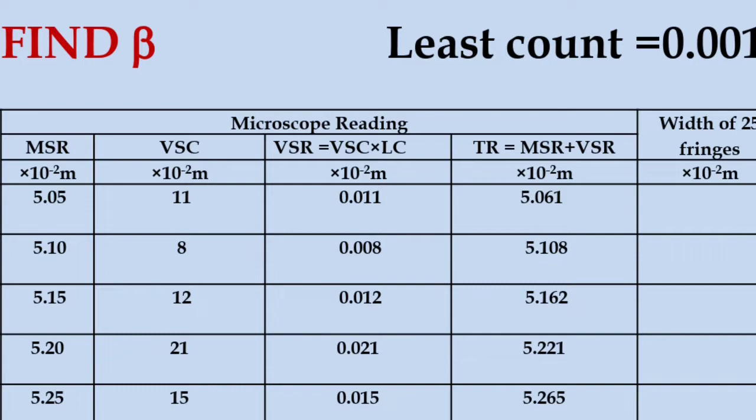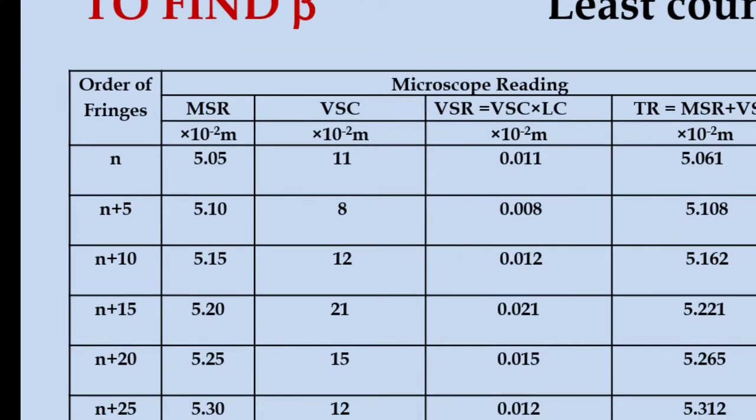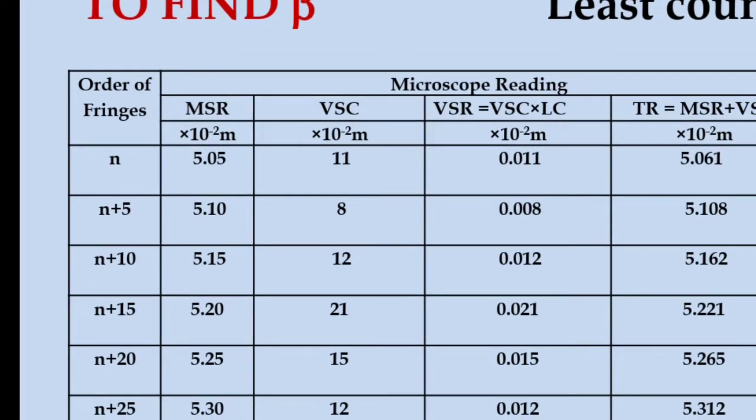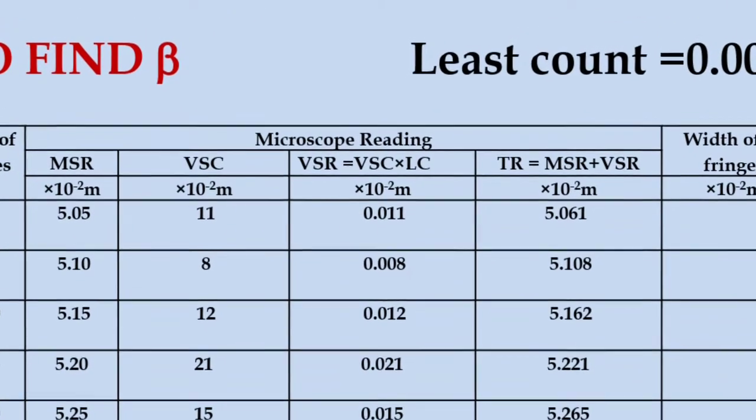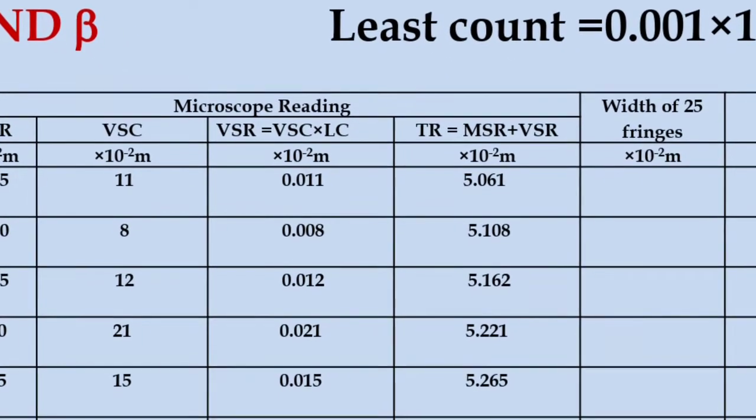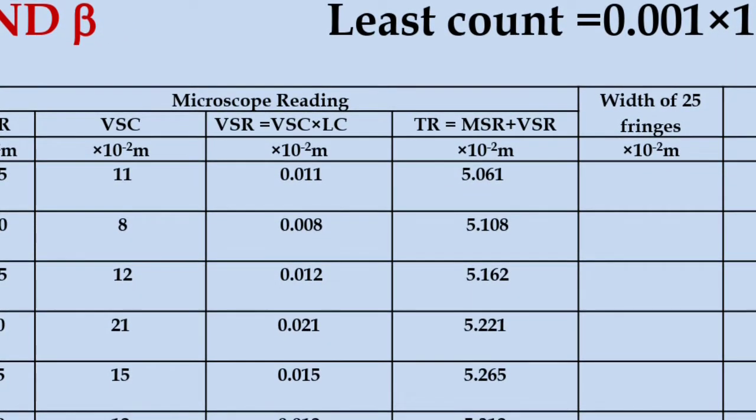The total reading is calculated by adding the main scale reading and the vernier scale reading. The main scale reading is 5.05 and the vernier scale reading is 0.011, so the total reading is 5.061.